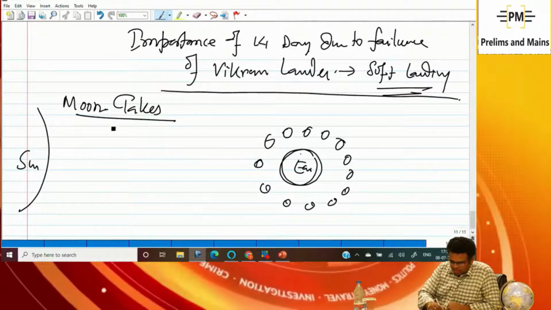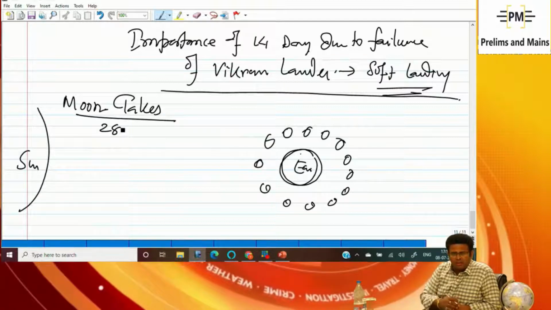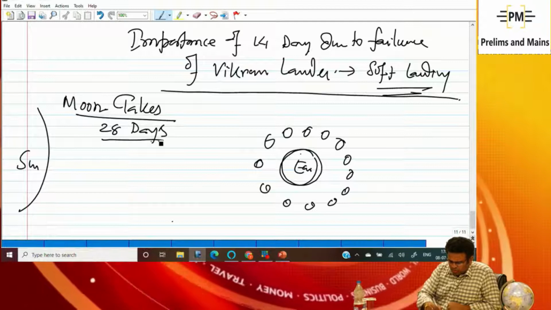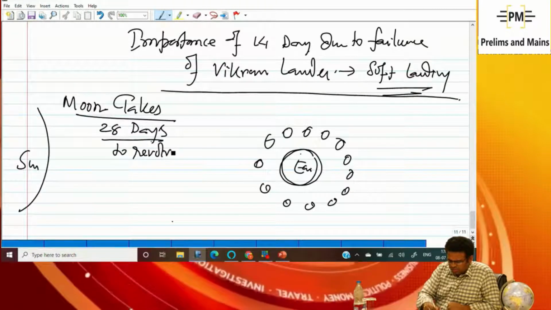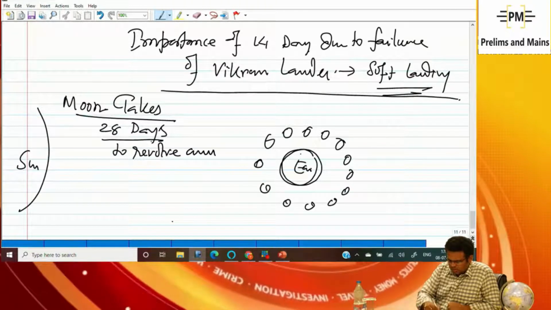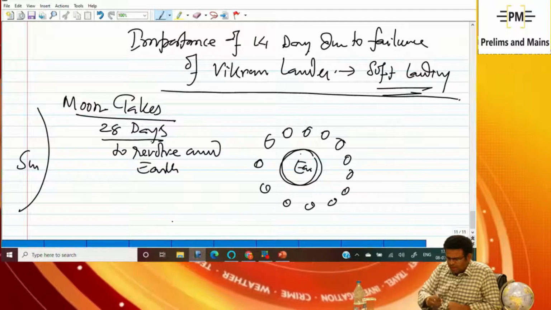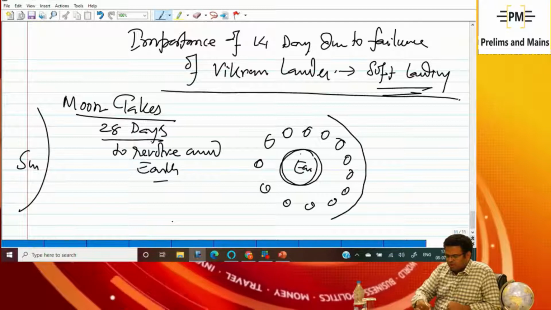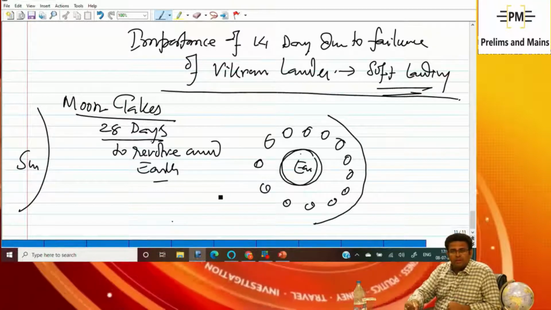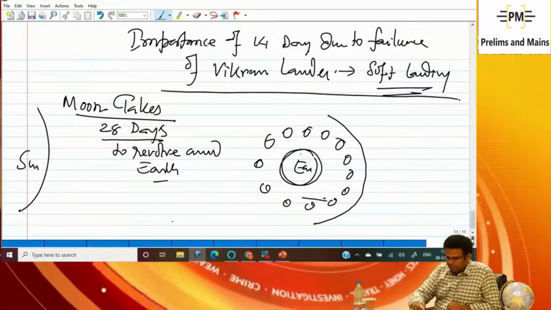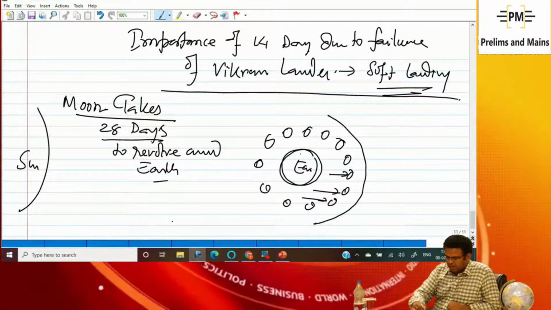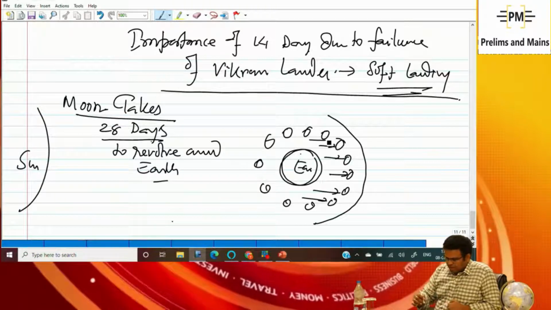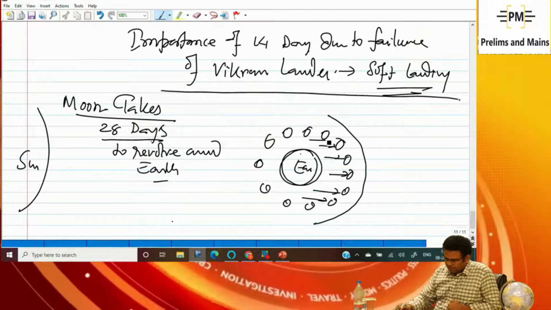The moon takes 27.5 or something, 28 days to revolve around Earth. Therefore, when the moon is over here, the sunlight will come. It is clear, the sunlight will come. So for the 14 days, what will happen?